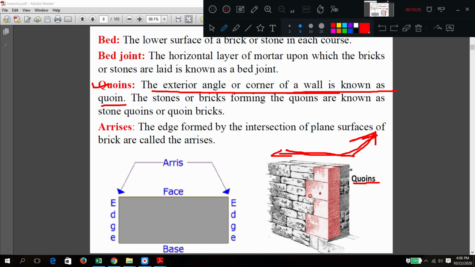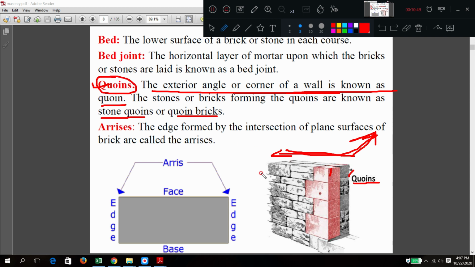Quoins. Whatever the masonry units, such as brick, stone, these are called stone quoins or brick quoins. Is that okay? The exterior corner portion is called a quoin.